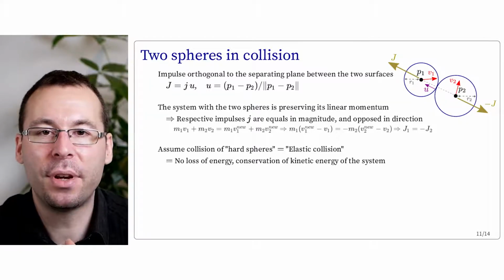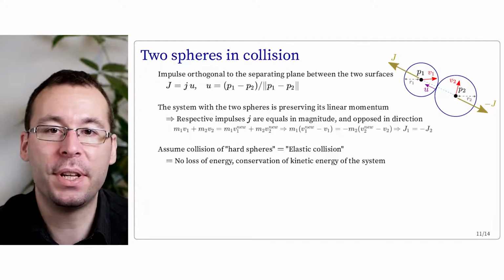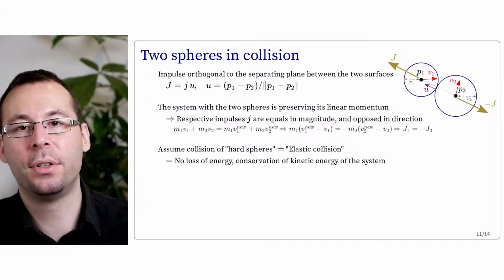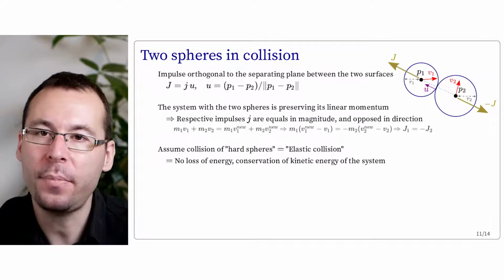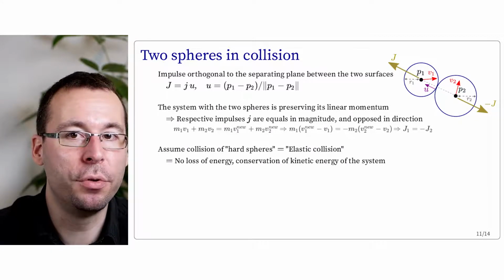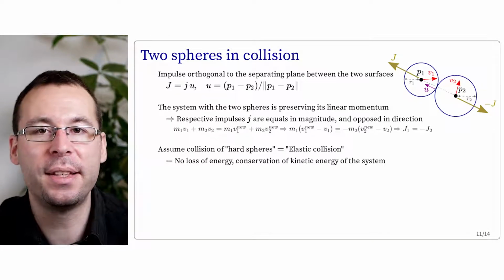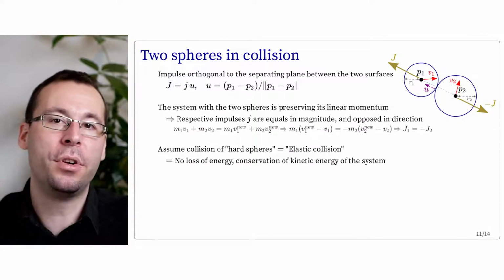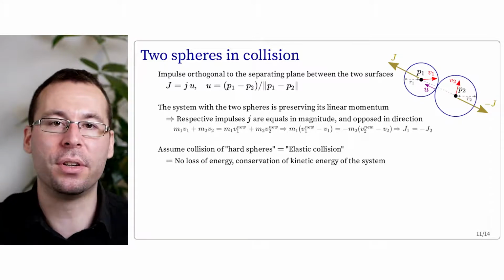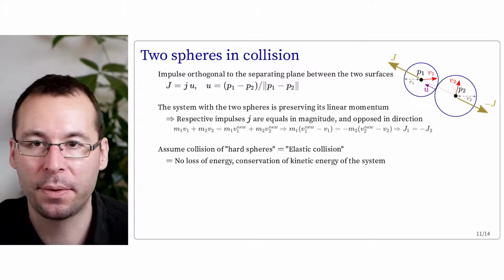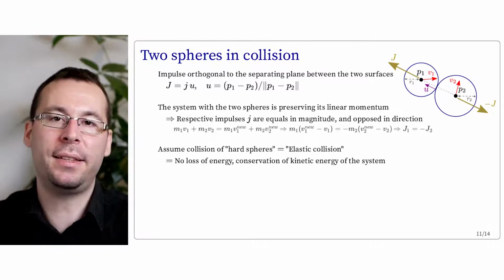So this model actually assumes that there is no loss of energy and that the total kinetic energy of the system is preserved during the contact. As a side note, another model could be the inelastic collision, that leads to the fact that the elements stick together after the collision instead of bouncing on each other. And in this case, the kinetic energy would not be conserved. But let's go back to the elastic collision.